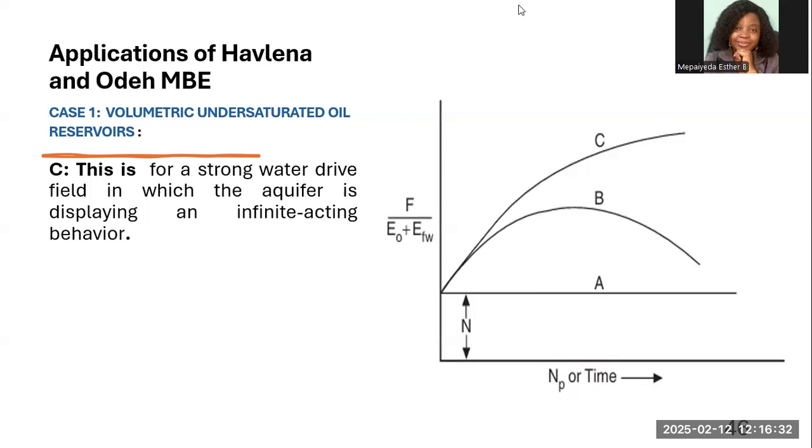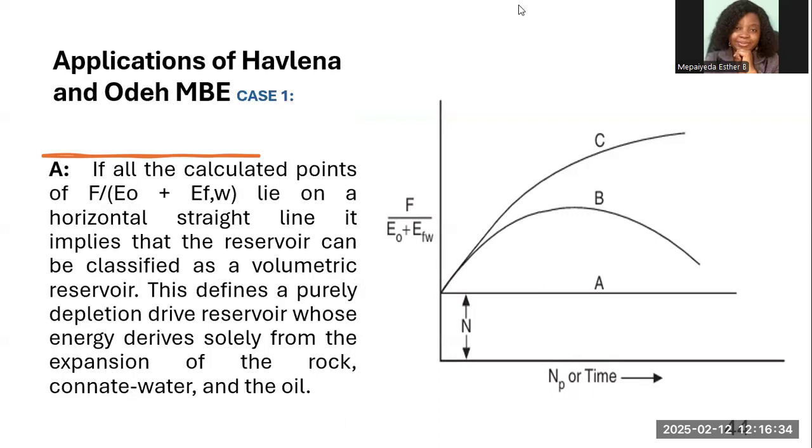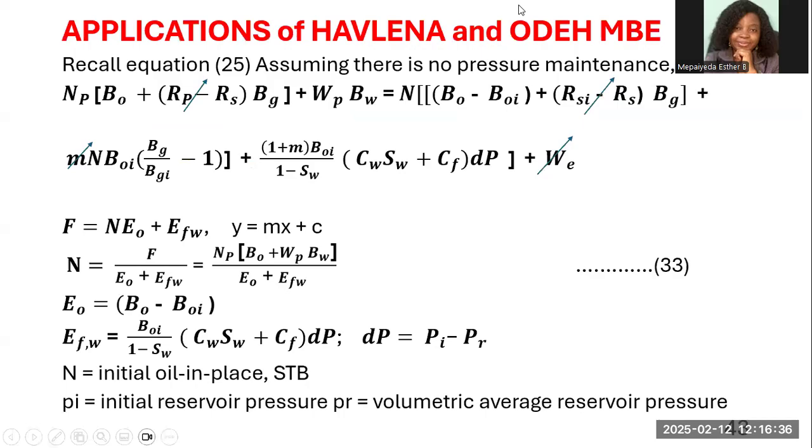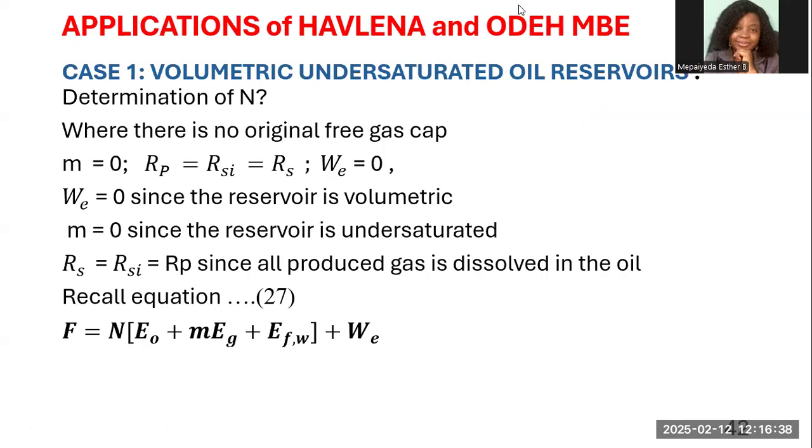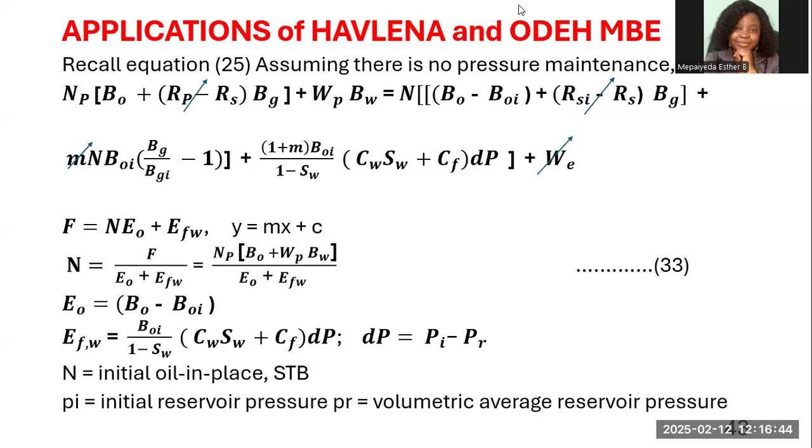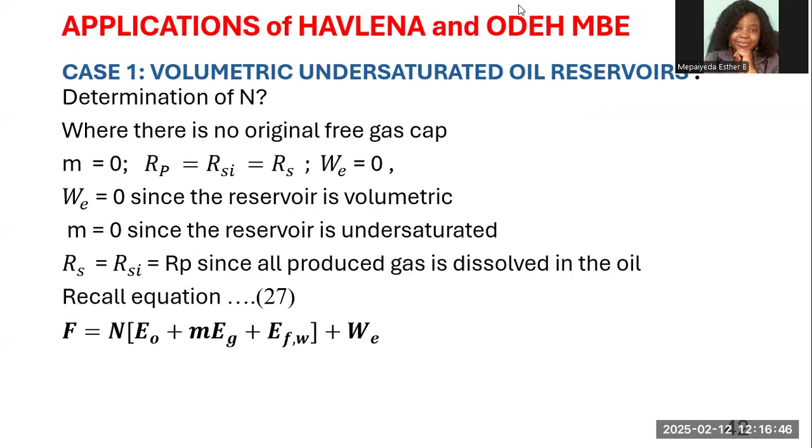Okay, so the plotting for this, we just concluded application to volumetric undersaturated oil reservoirs. And we see what happens when we make further derivations of what is obtainable for volumetric undersaturated. You have this here, your M, your gas cap, your RPRS, and your WO.